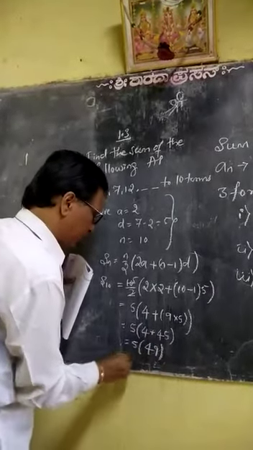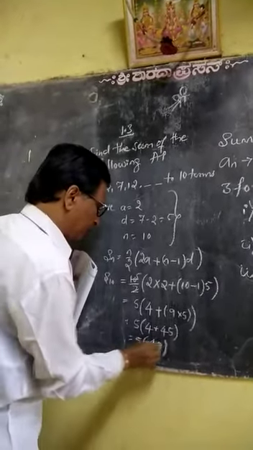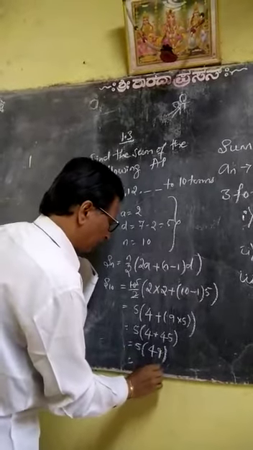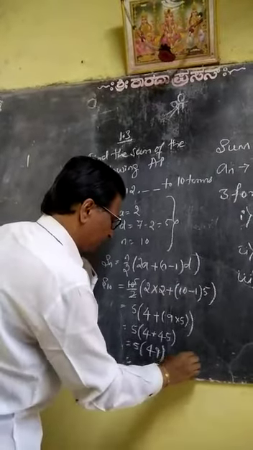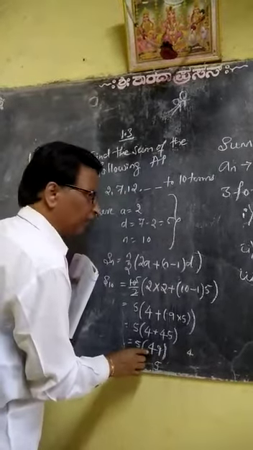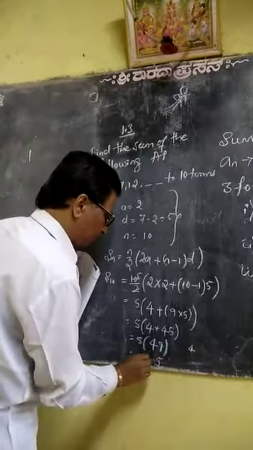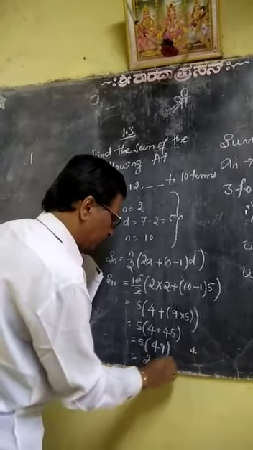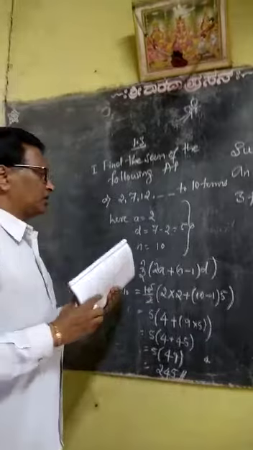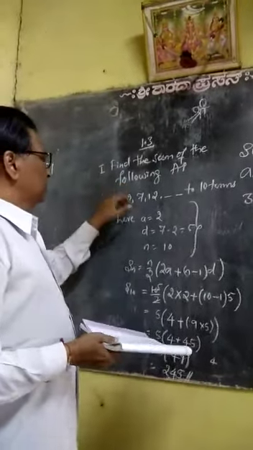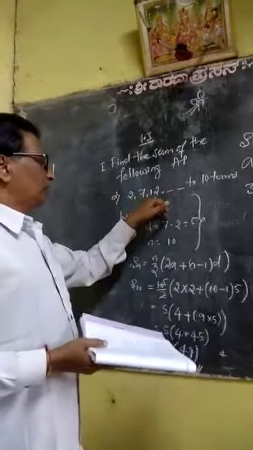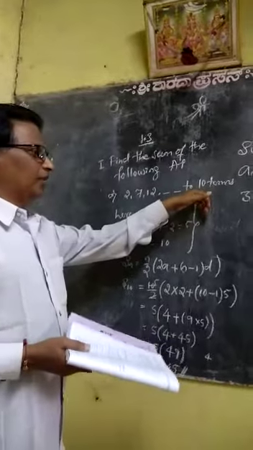So the product of these two is 5 9s are 45, 4 carries, 5 4s are 20 plus 4, 24. 245 is the answer.